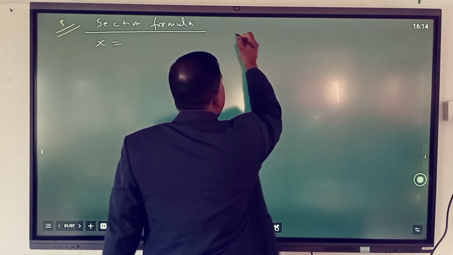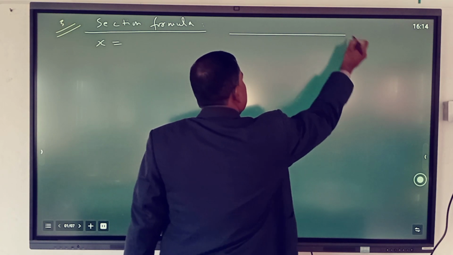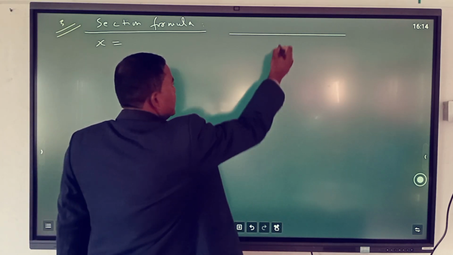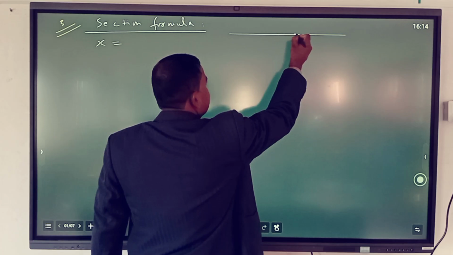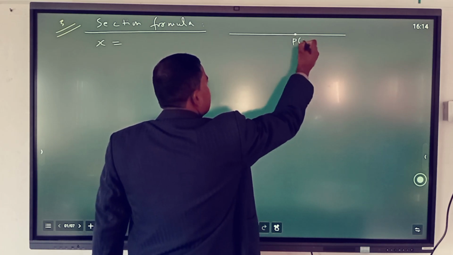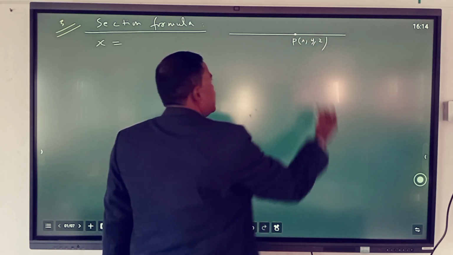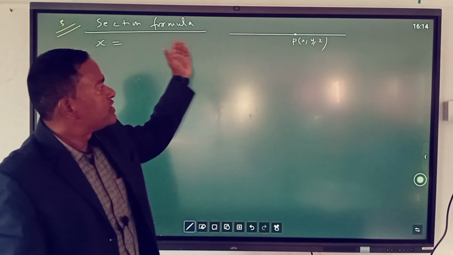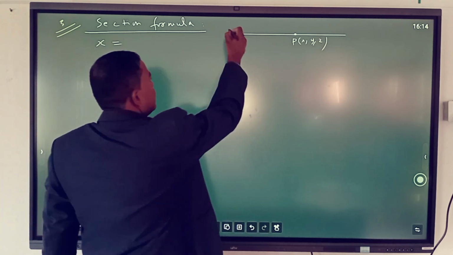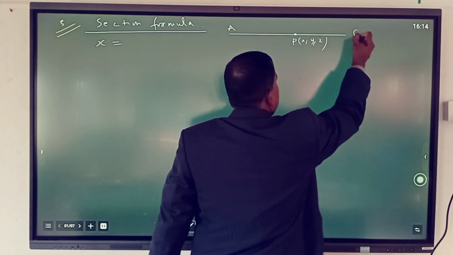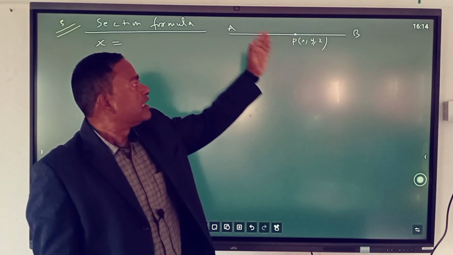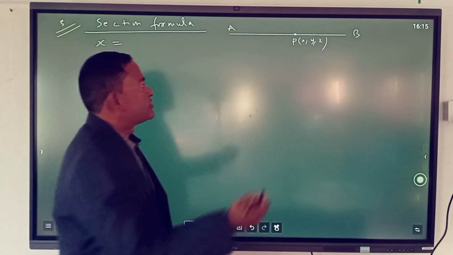Dear student, in the section formula, we have to find the coordinates of the point. Let's suppose the coordinates of the point P are x, y, z, which divides the line joining any two given points A and B in the ratio m₁:m₂.